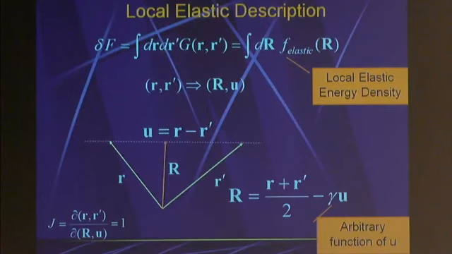Sometimes they take gamma equals 0, sometimes they take gamma 1/2, so that R is equal to small r. But in fact, there is no fundamental reason what should be the choice for gamma. So this must be left arbitrary.